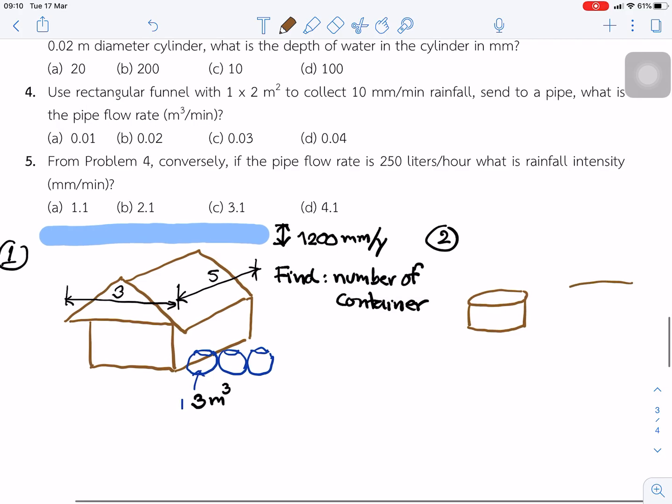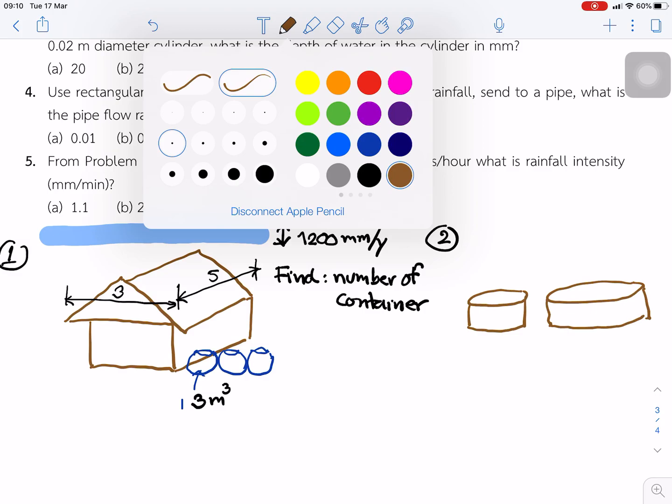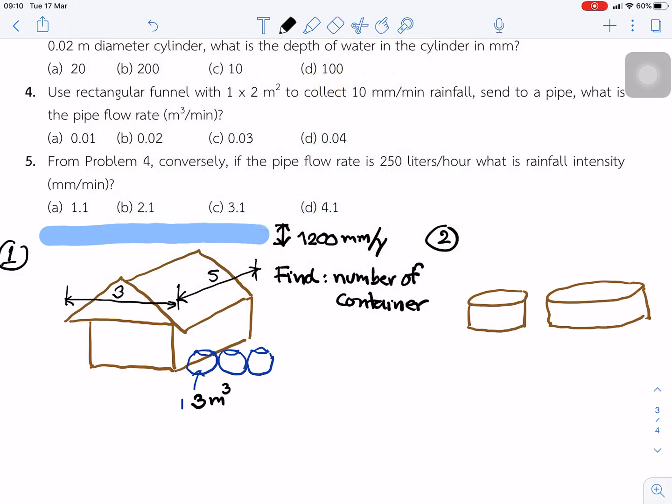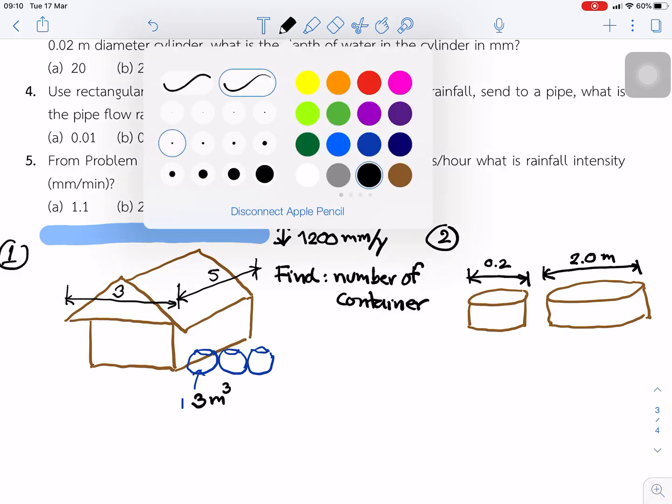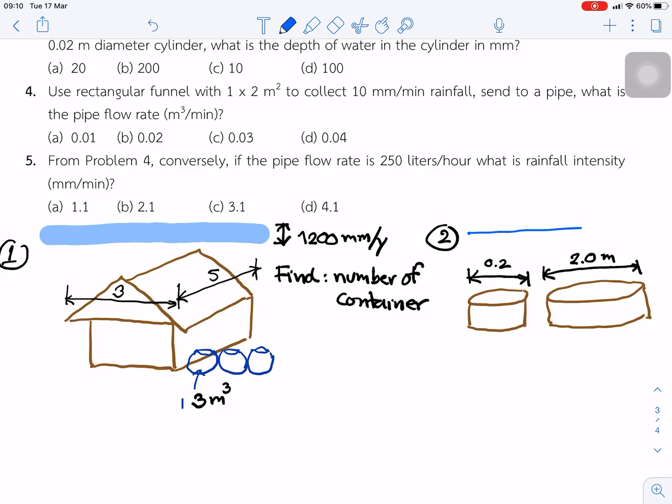This one is the small pan, and both pans receive the rainfall and collect the water from the rainfall.